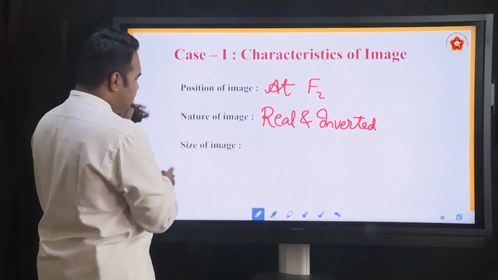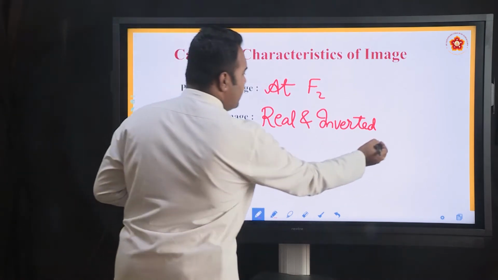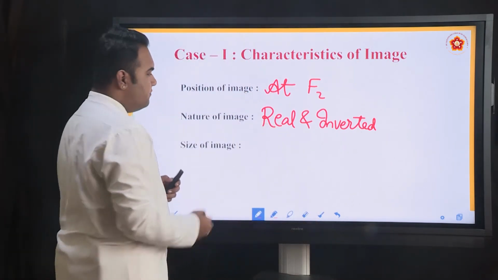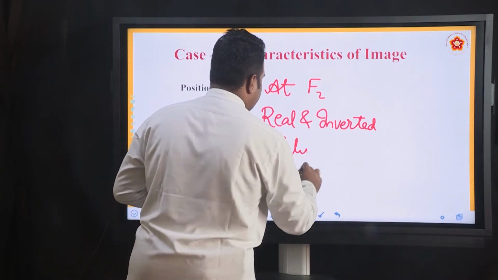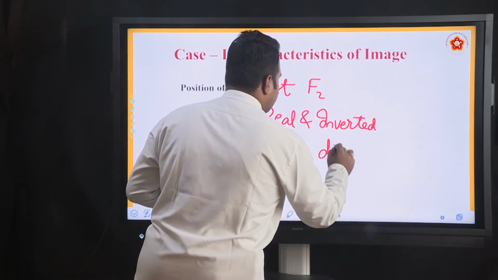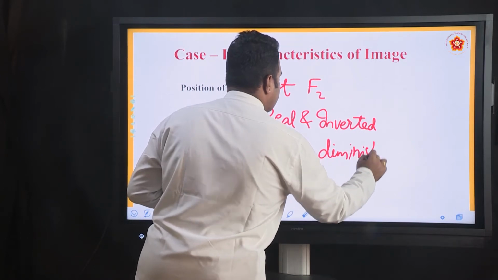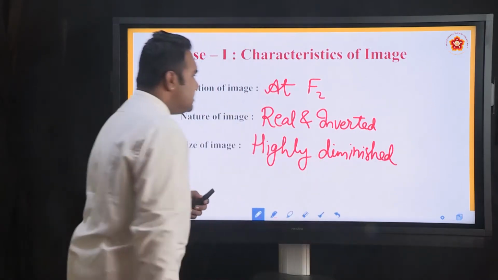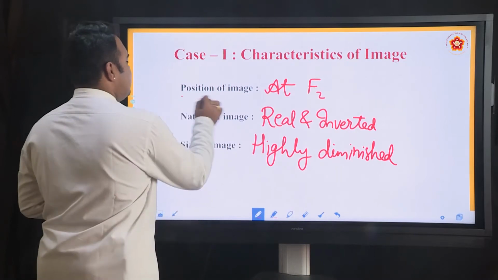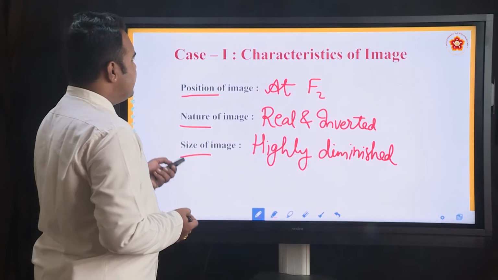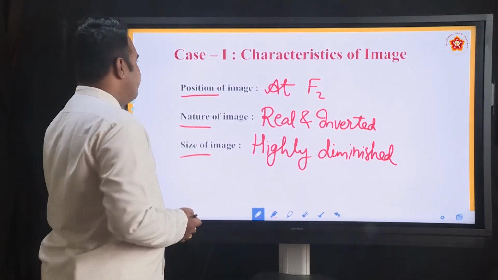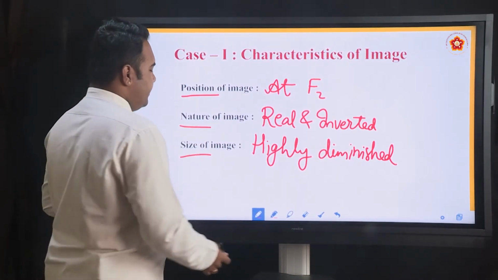The object has a certain dimension, but the image is a point-sized image, which means highly diminished. So this is how we talk of the position, nature and size of the image in the case of the convex lens, image formed when the object is placed at infinity.